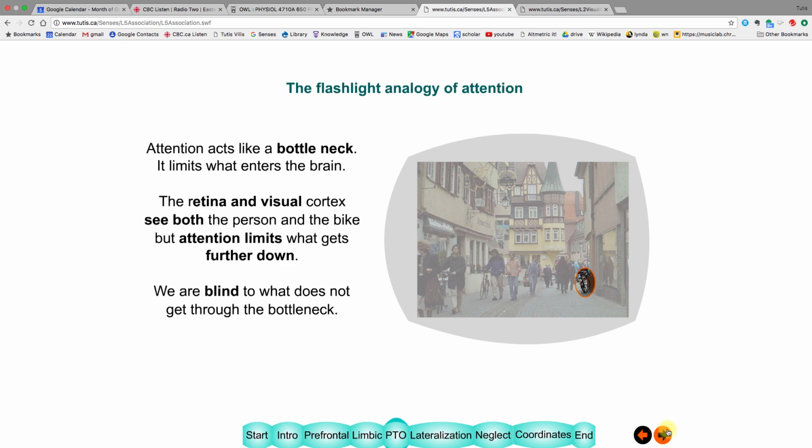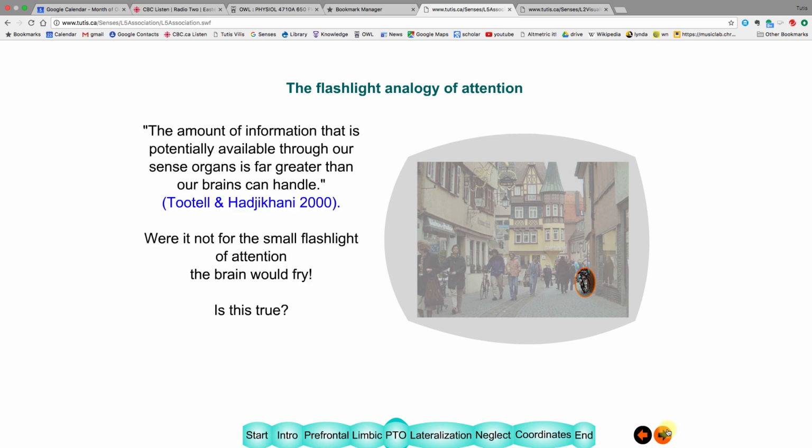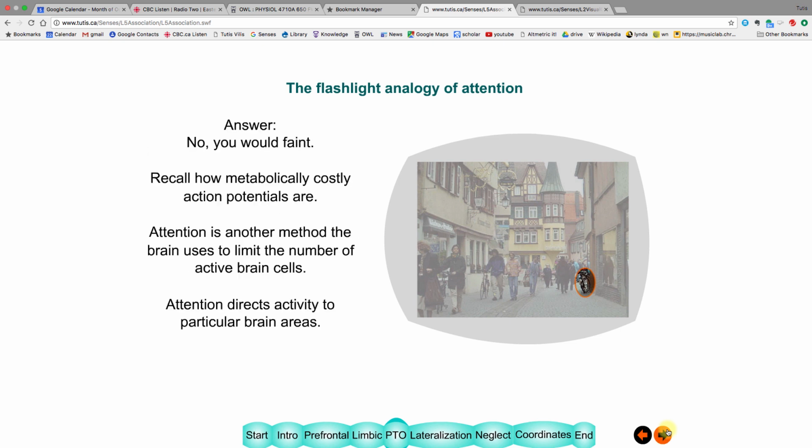And if you don't have that flashlight focused, that signal won't get to your association areas, and you'll be blind to it. Now, we talked about how the brain tries to minimize the amount of oxygen that it consumes. And this is one of its techniques.